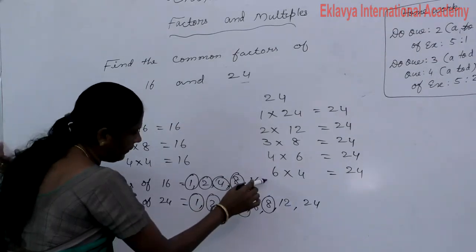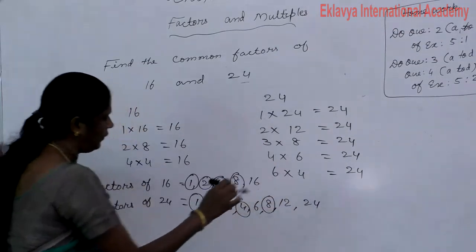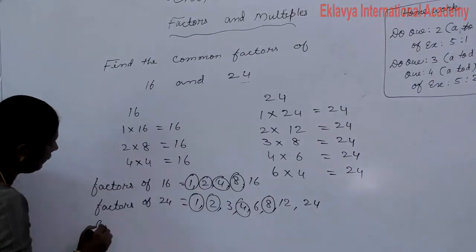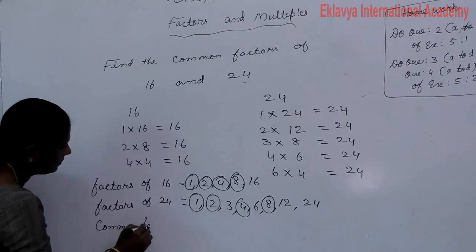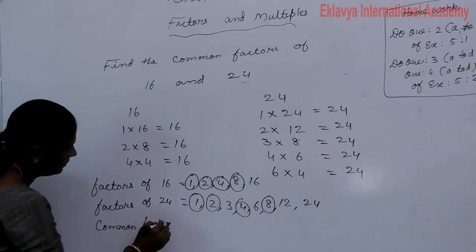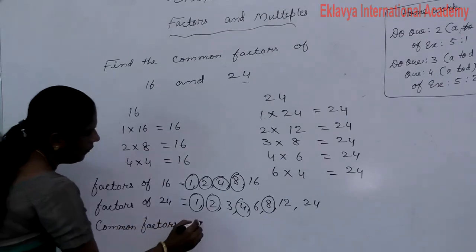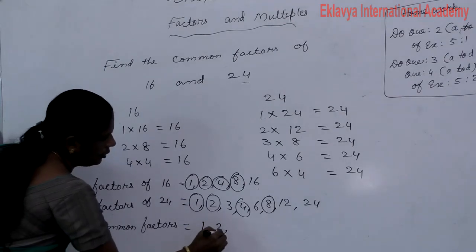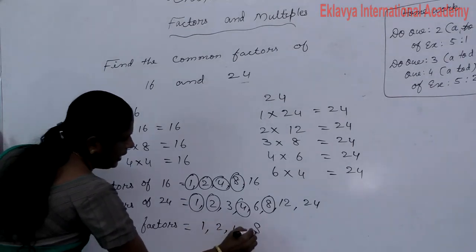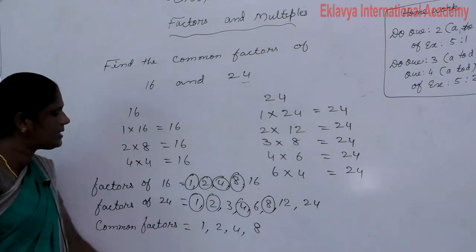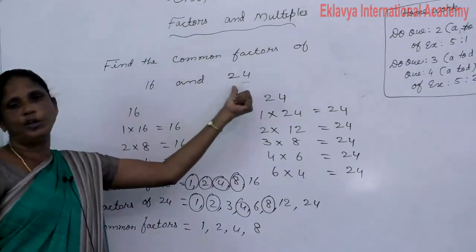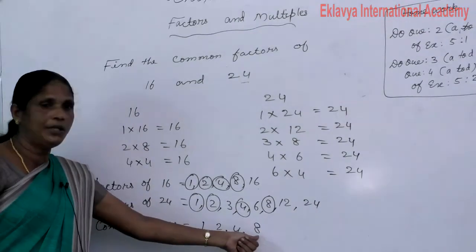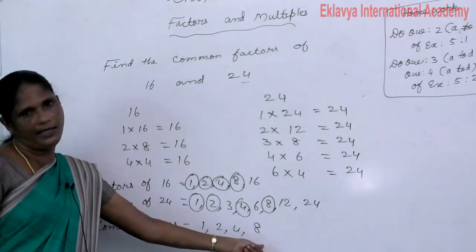No. 6, no. 12, no. 24, no. Then the common factors are equal to 1, 2, 4, 8. What is the HCF of 16 and 24? 8. The highest common factor is 8.